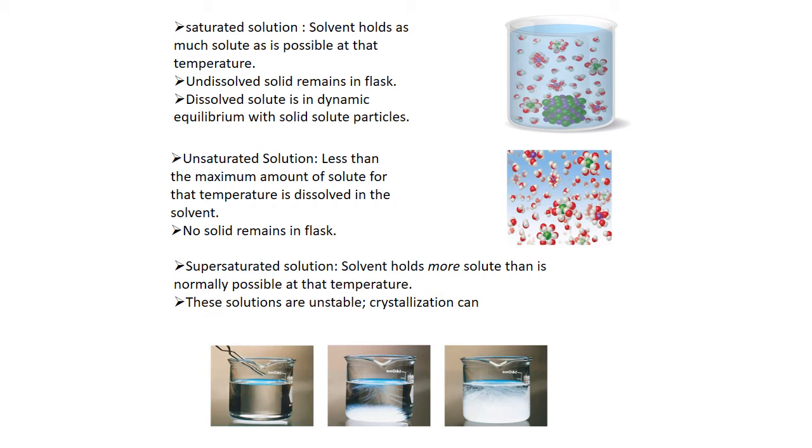Next is the supersaturated solution. Here the solvent holds more solute than is normally possible at that temperature. When this solution is heated it dissolves more of the solute, but when it is cooled, the solute particles separate from the solvent. In a supersaturated solution, on cooling, crystallization takes place.